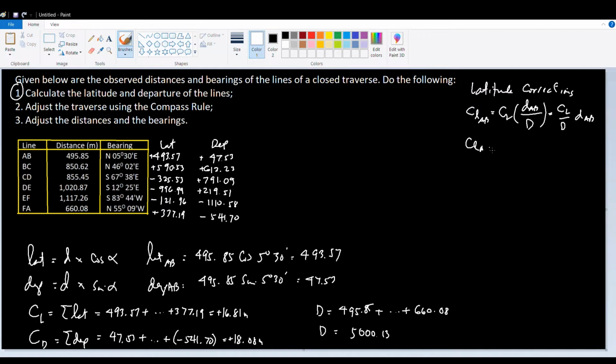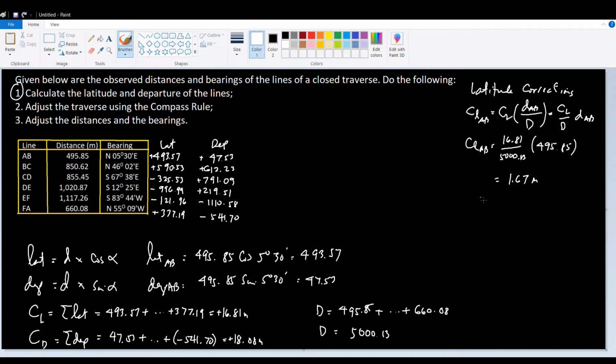So CL of AB is equal to the total closure in latitude 16.81 divided by the total distance of 5,000.13 multiplied by the distance of AB 495.85, and that should give us 1.67 meters.